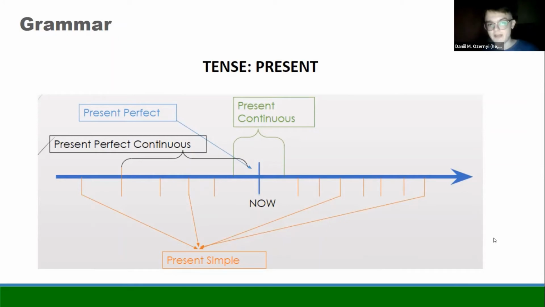Present simple, as you can see on the slides, the slides are from the course I taught, I think 2 years ago. Present simple can describe a moment which happens habitually in the present.